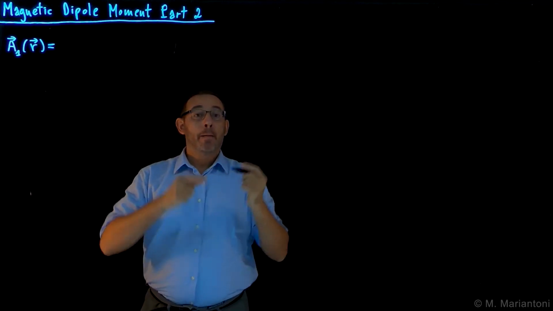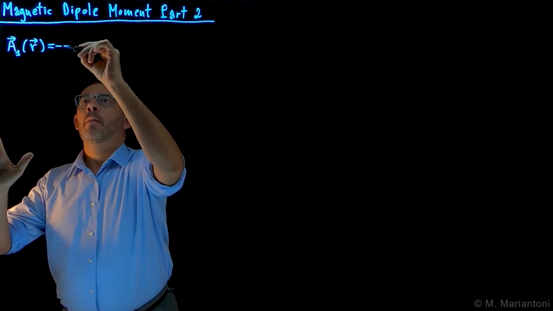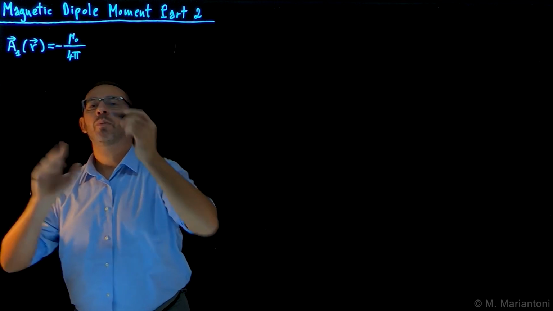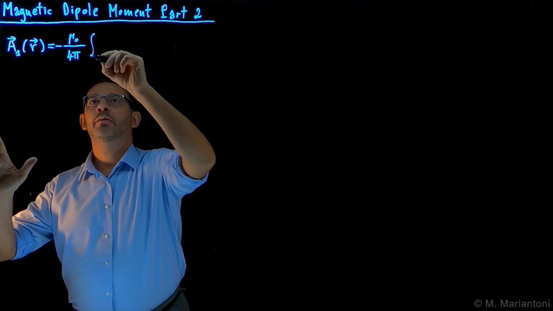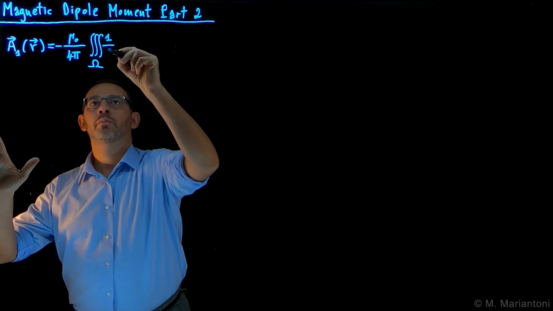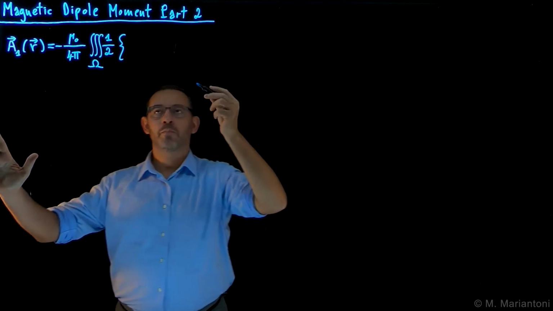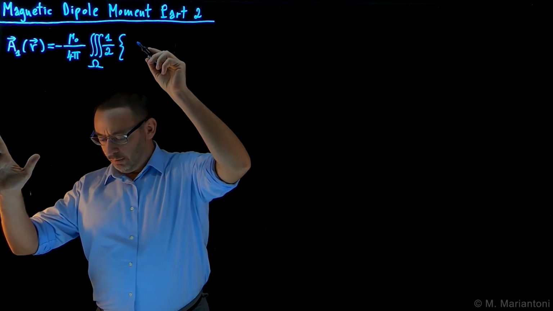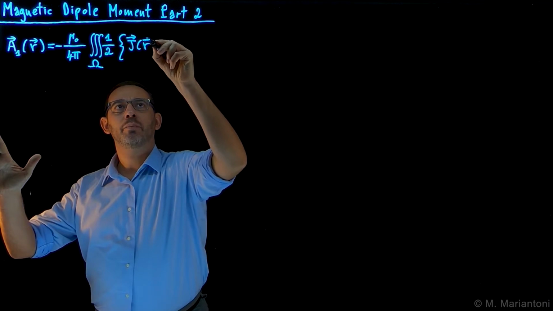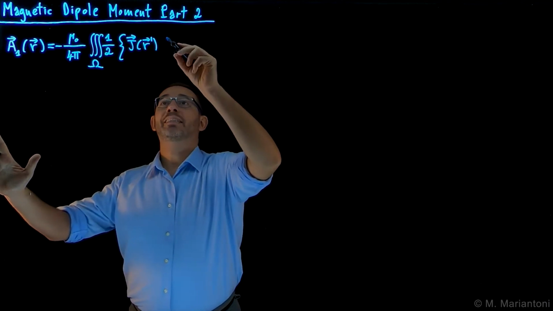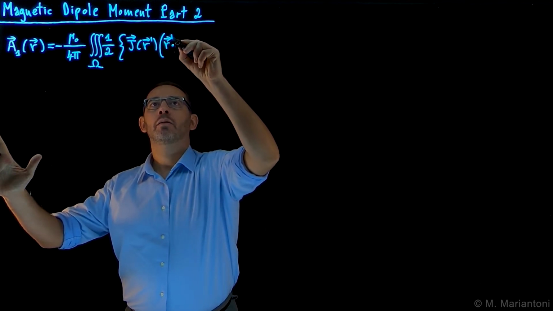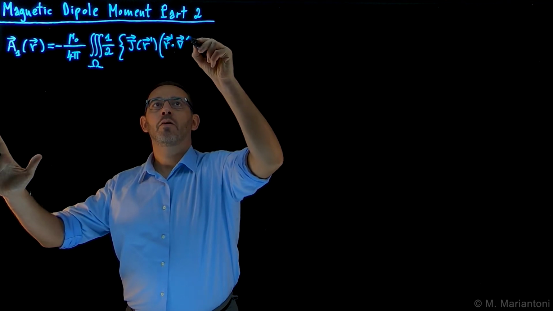This is given by minus mu naught divided by 4 pi, volume integral in the region where J is defined, capital omega, of 1/2 of J vector at the source current point R prime, the whole quantity times R prime dotted with the gradient of 1/R.